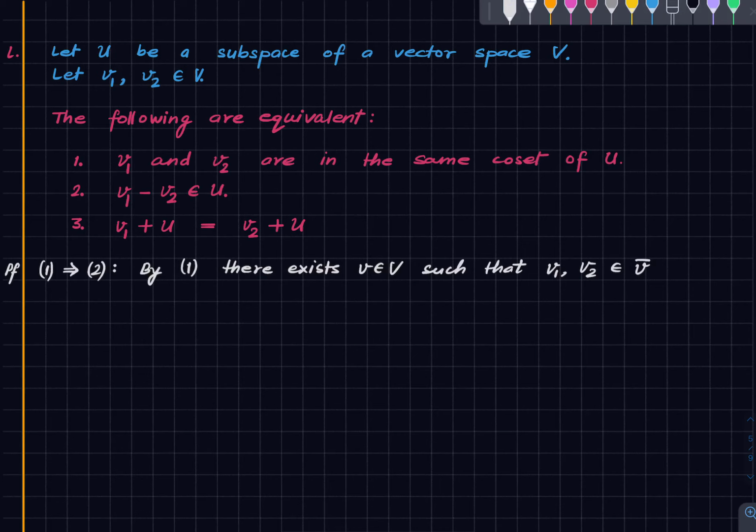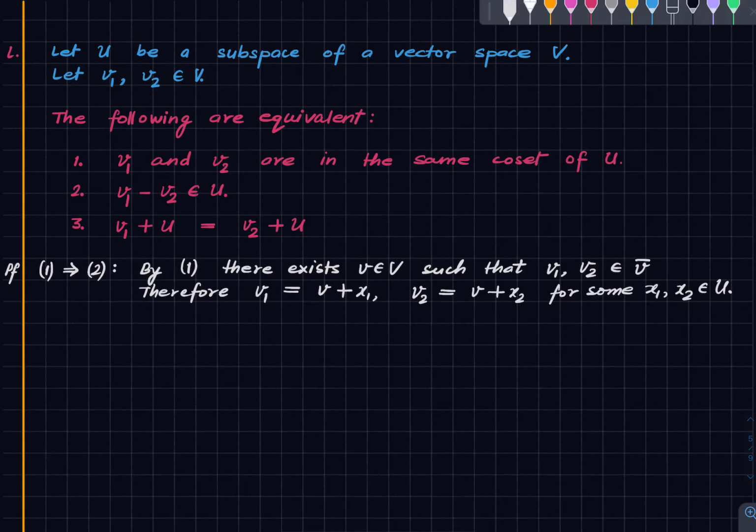Okay, so therefore v1 is equal to v plus x1 and v2 is equal to v plus x2 for some x1 and x2 in the subspace.